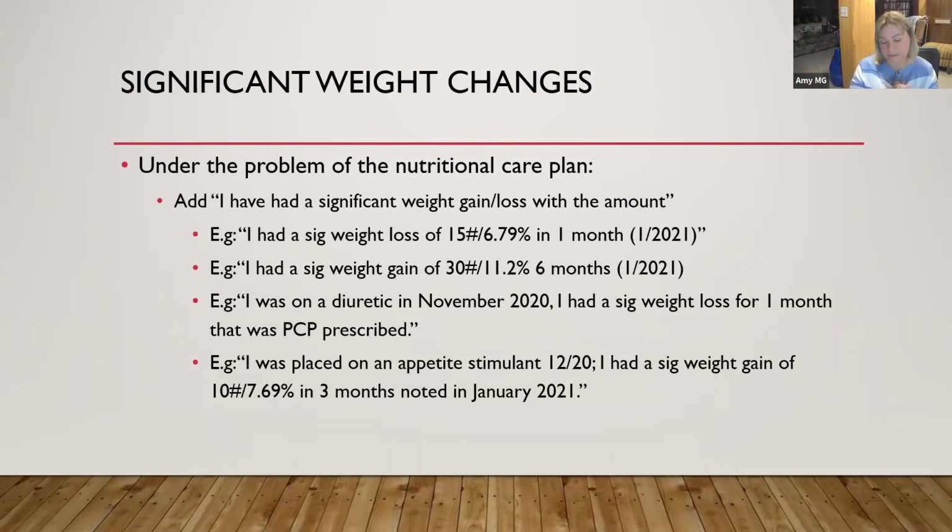So when we have significant weight changes that we're assessing at the first part of the month, and I know it's a busy time, the first part of the month is always hectic for everybody to get everybody's weights assessed. And I have recently started doing this in the last handful of years: part of the problem is adding that they've had a significant weight gain or loss and the amount.